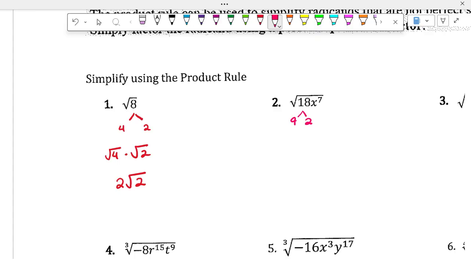So, how many groups of 2 can I get out of x to the 7th? 3. So, in other words, it's 3 sets of x squared, or just x to the 6th if you want to do it that way, and then a singular x left over.